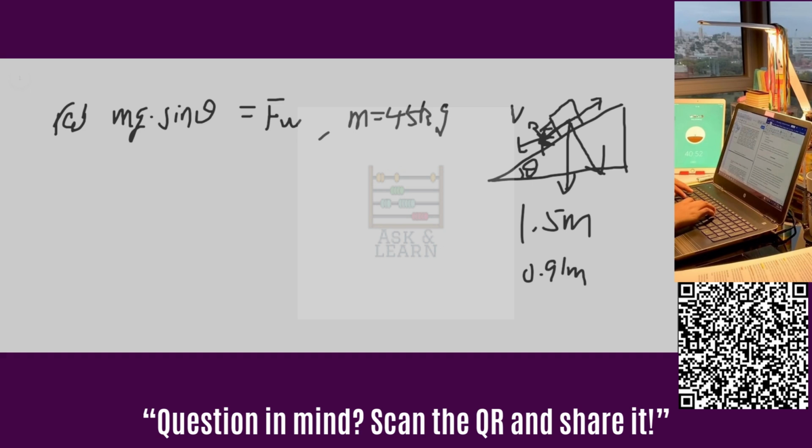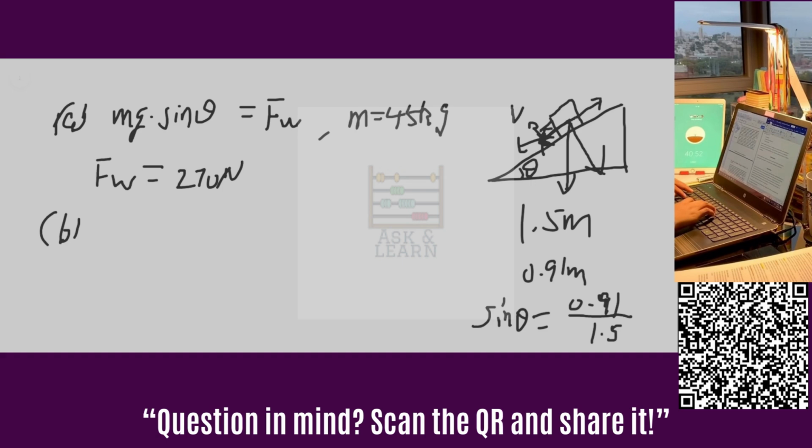So sine theta will be equal to 0.91 over 1.5. Okay, so we can find F worker equal to, let me see, negative, yeah, 270 newtons.